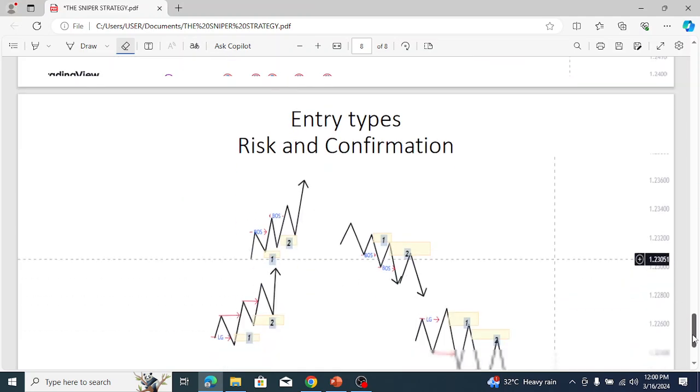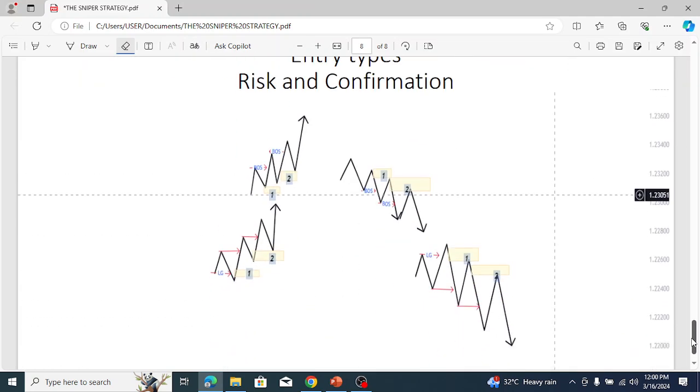Let me still explain that entry pattern. These are the two types of entry pattern that I have, that I learned from my mentor. This is the first break of structure, an impulse that broke structure, a successful retrace that broke a structure, then you look for entry. The same thing here on the lower time frame.